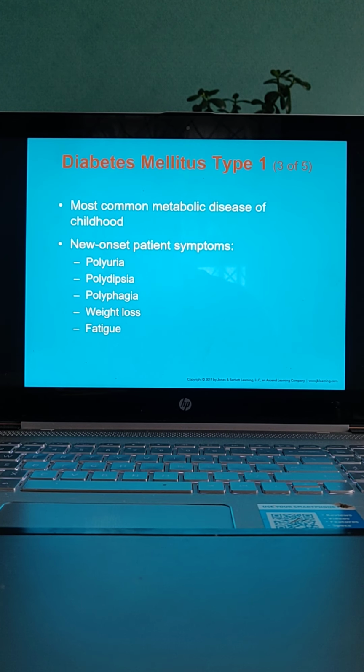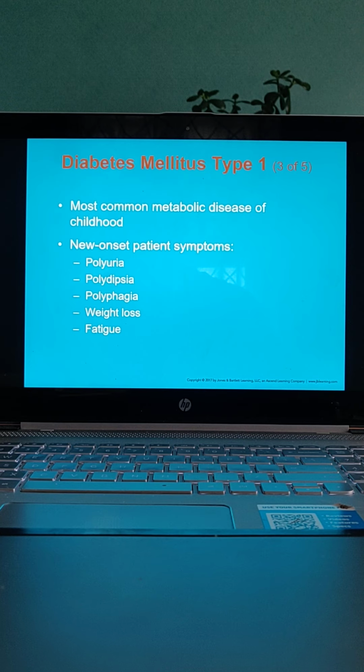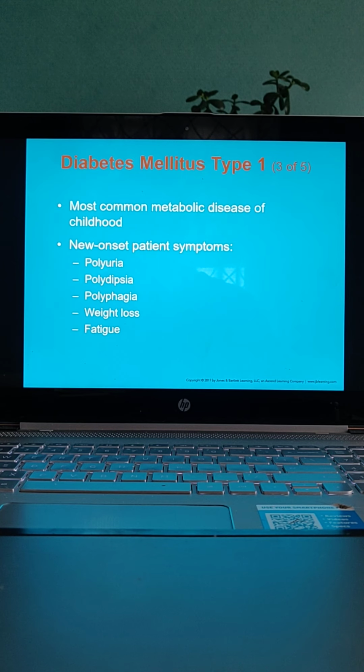Now, when you start to exhale faster and deeper, we call those Kussmaul respirations. Kussmaul respirations are a sign that the person is trying to get rid of a lot of ketones. Their breath is going to be fruity, and they're in a diabetic emergency.